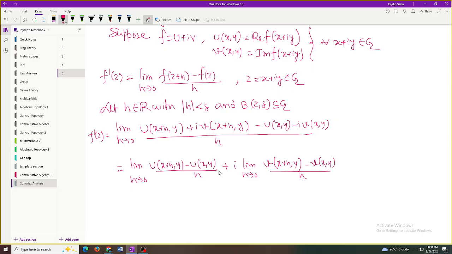Tell me why I can separate this limit from this line to this line. Please explain.